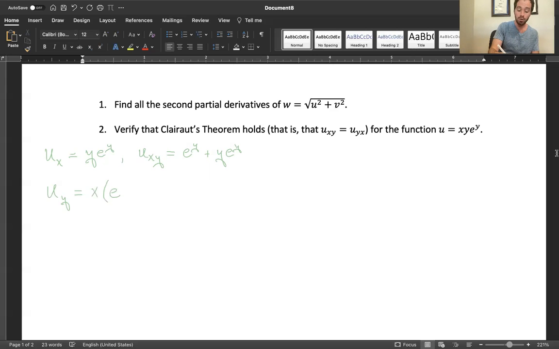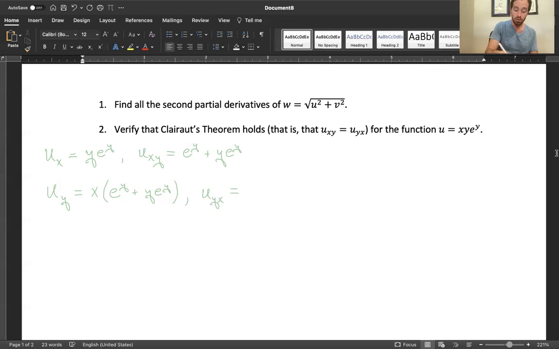It's e to the y plus y e to the y. And then u partial y, then partial x is, and think about this, now x is multiplied by a certain number. E to the y plus y e to the y is a constant from the perspective of x.